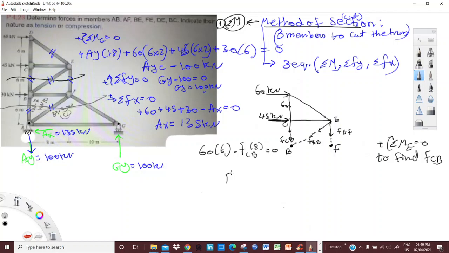So FCB is going to be equal to 60 times 6 over 8, which is 45 kilonewton tension. Since it is positive, it is tension.